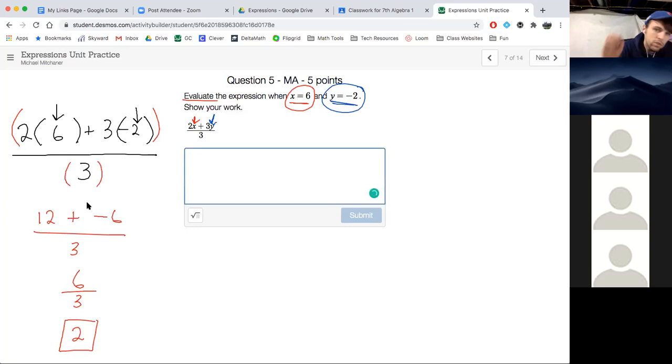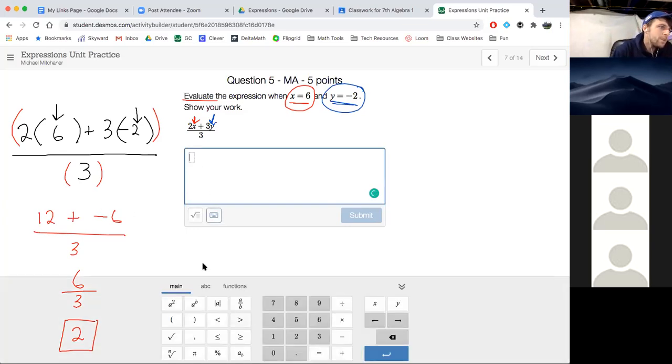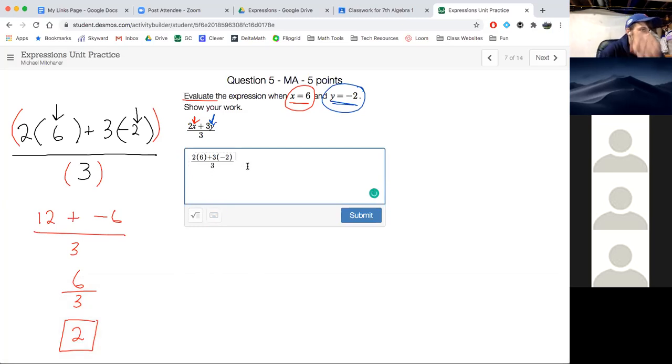And remember to show your work, show all these steps. This one's going to take a little more time to type all this stuff in, so be patient with it. Remember to use your fraction button here to do all this. We want to show all these steps. And then you click down in the denominator there.